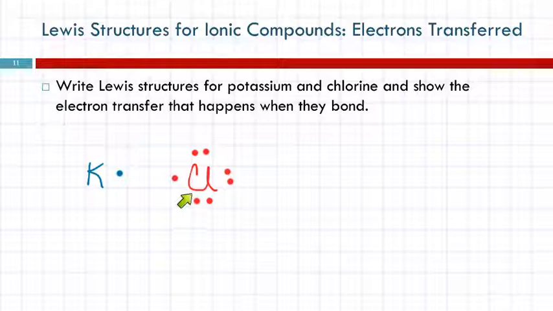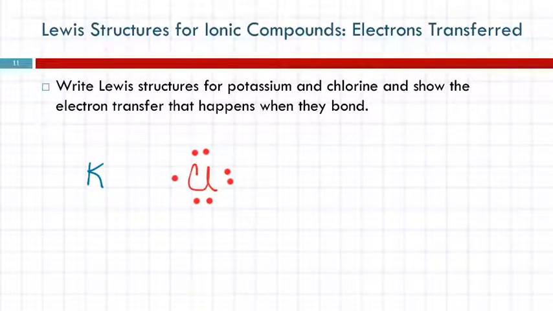So chlorine is thinking, if I could just get one more, my valence shell would be full, I'd have an octet, I'd just be so happy. And potassium is thinking, I've got this one extra one, I just need to ditch it. And so chlorine says, well, I'd be happy to take that off your hands for you.